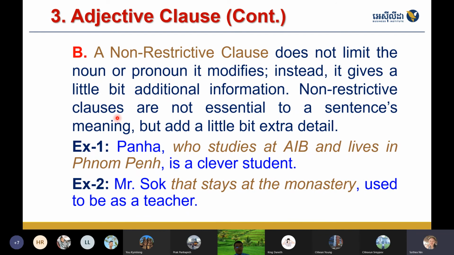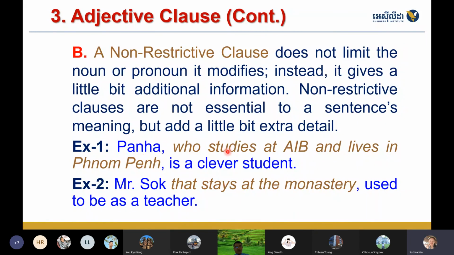Non-restrictive clauses are not essential to a sentence's meaning, but add a little bit of extra detail.